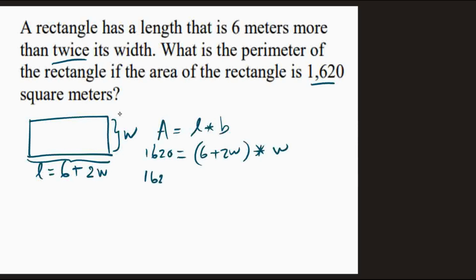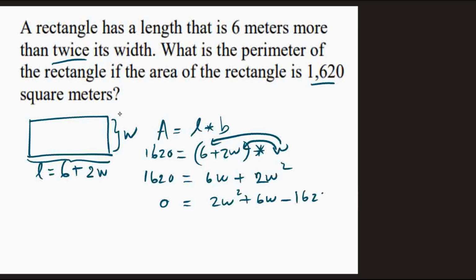Now we just simplify this equation. We multiply each term, so 6w plus 2w squared. Now adding to one side, so we have 2w squared plus 6w minus 1620.